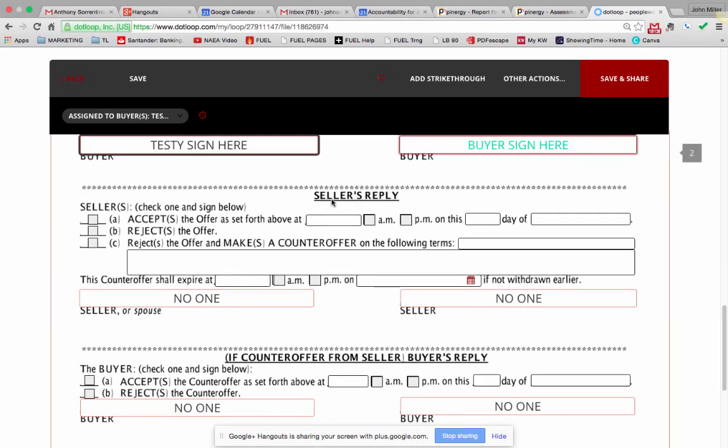So the seller's reply. The seller can accept, reject, or reject and make a counteroffer. If the seller makes a counteroffer in writing, and the counteroffer shall expire on, they put a new expiration date in here, and the seller signs it saying they're rejecting the offer here, and they write in what their counter is, it might be the price or whatever.